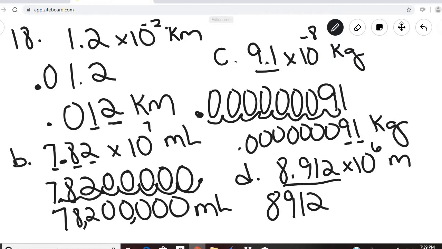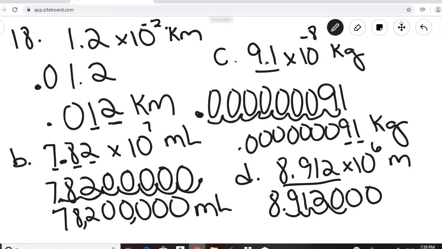So we started here. Okay, 6 places to the right, so 1, 2, 3, 4, 5, 6.